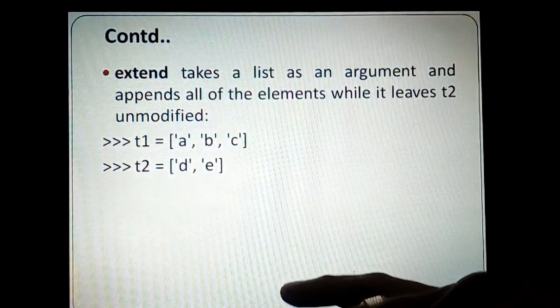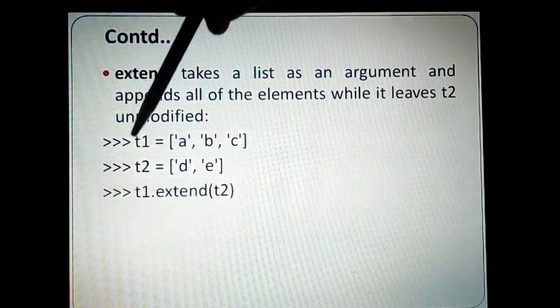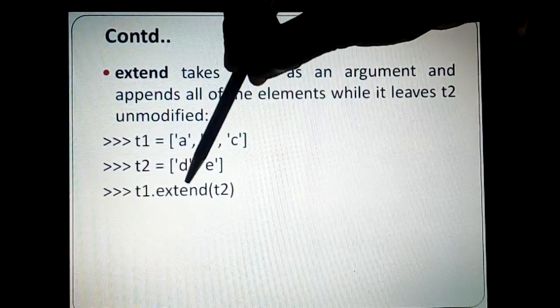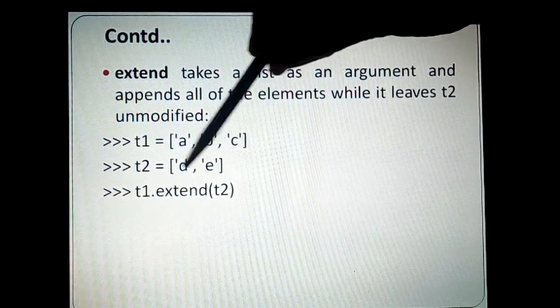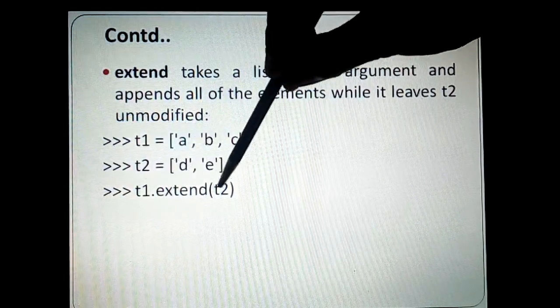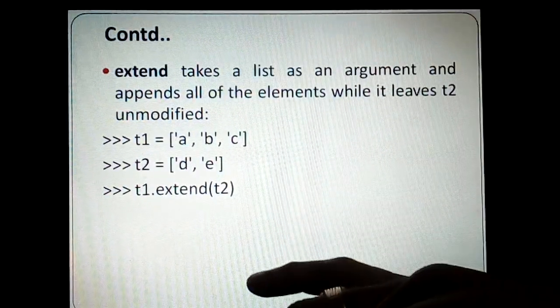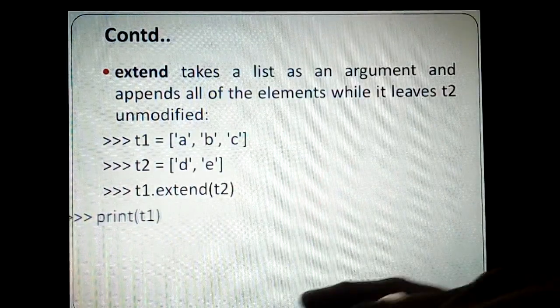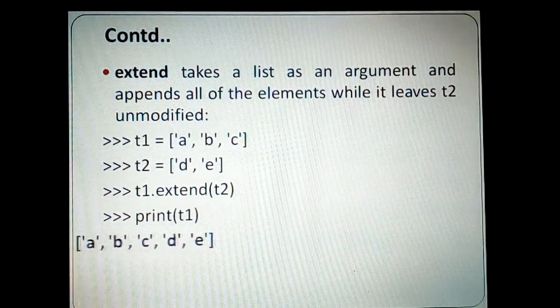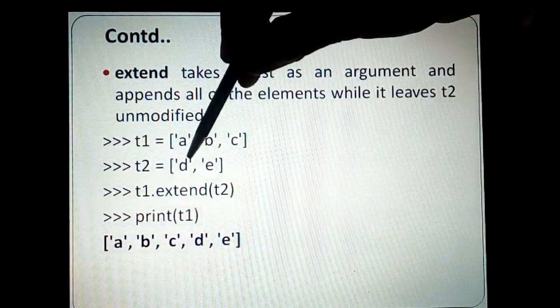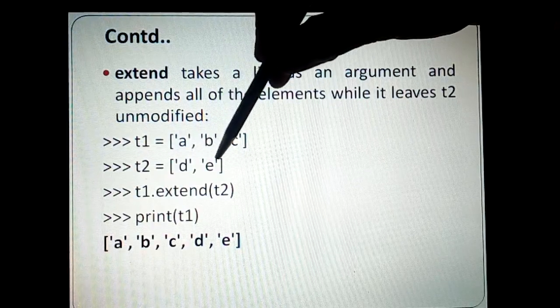How do I do this? I can say T1 dot extend of T2. What it does is join T2 to T1 without disturbing T2. So T1 will become a bigger list, and when I print T1, I would get A, B, C plus the extended elements, that is D and E.